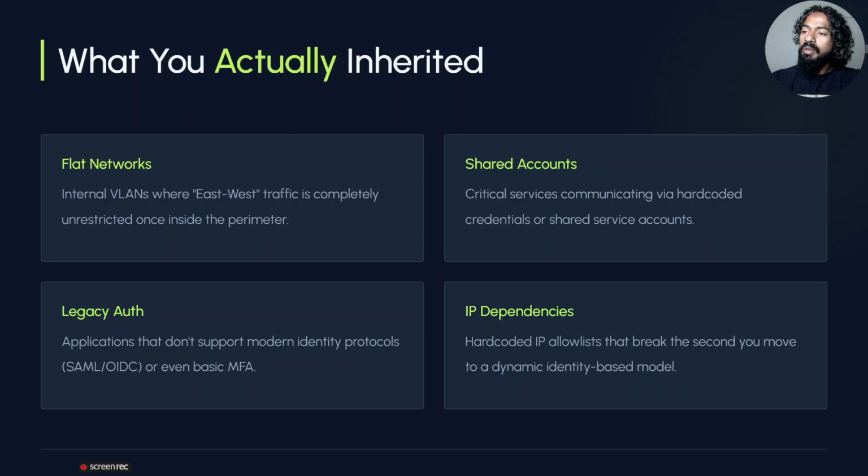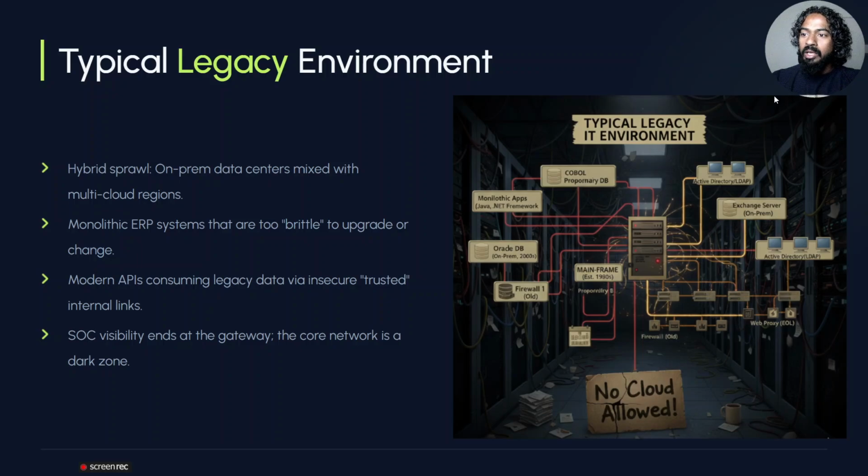So let me walk you through a typical environment, a real world scenario, maybe. Imagine this. You have a hybrid setup in your organization. Some workloads are in the cloud, some are still in your data center, and there is an old ERP system. Some new microservices consume data from the old ERP system through its API.